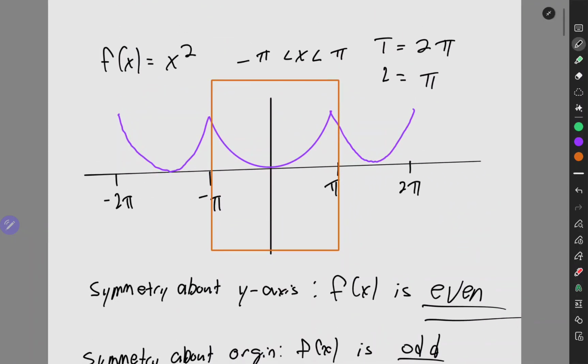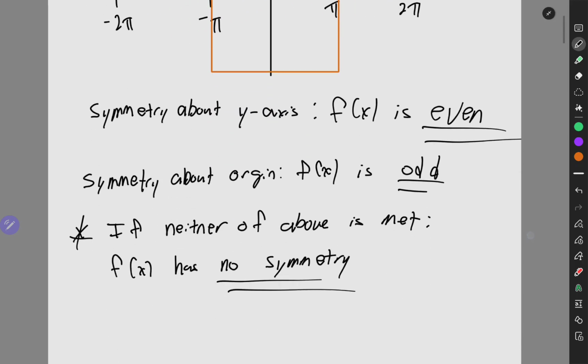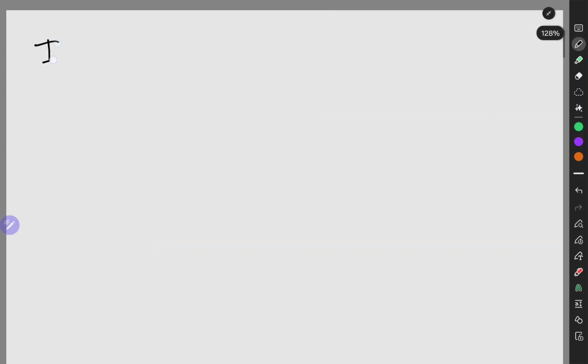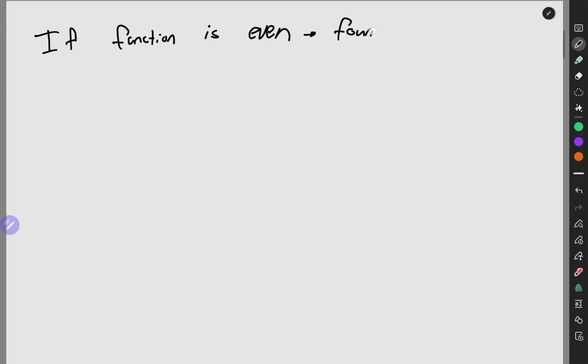So looking at this function, symmetric over the y-axis. So f of x is even. Now what does this tell us? The fact that we have an even function, so let me do this down here. If a function is even, we have a Fourier cosine series.